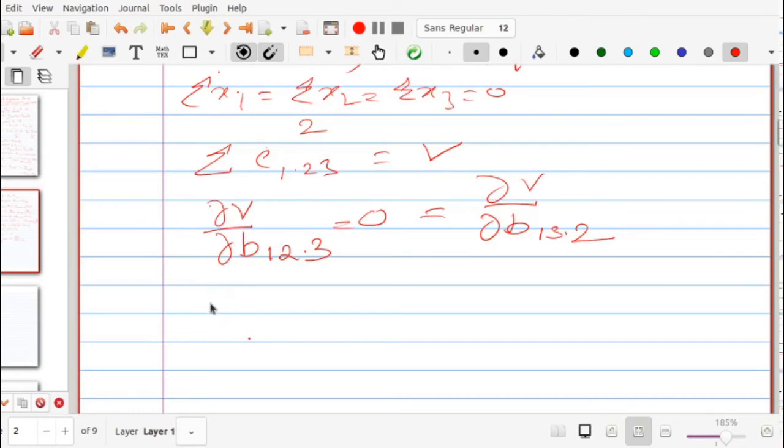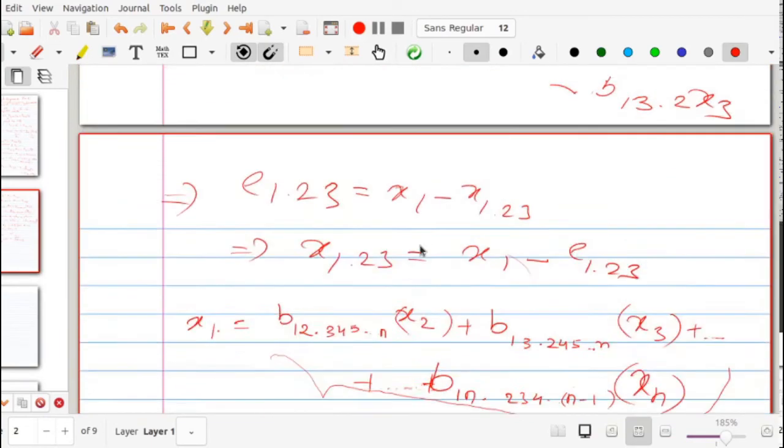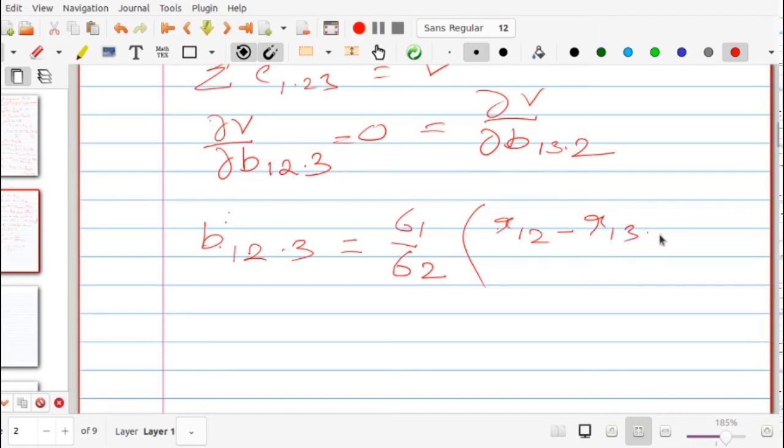So the interesting thing that I wanted to tell you is, ultimately, if you solve these equations by substituting the value of the residual that we found here, and we're not going into the details of the calculations in the interest of time, the result that I'm interested in is that one of the regression coefficients will be equal to the standard deviation of x1 divided by the standard deviation of x2, multiplied by the correlation coefficient of 1 on 2 minus the correlation coefficient of 1 on 3 multiplied by the correlation coefficient of 2 on 3, and this whole is divided by 1 minus the correlation coefficient squared of 2 and 3.